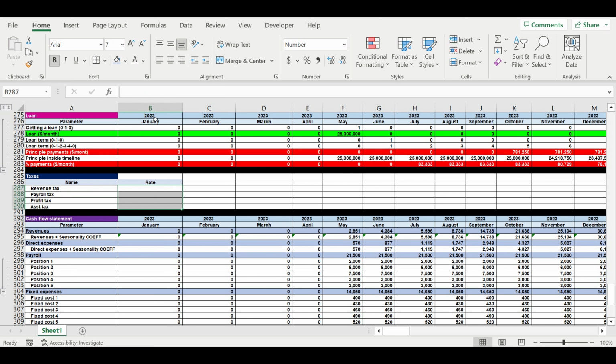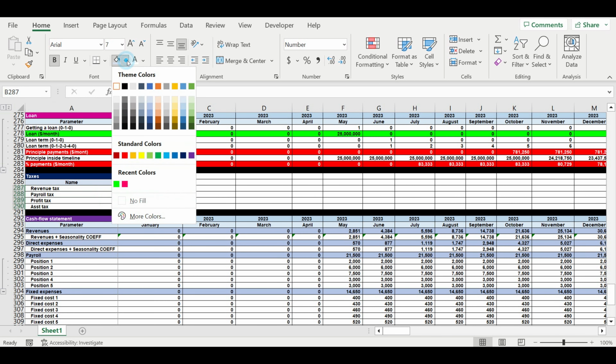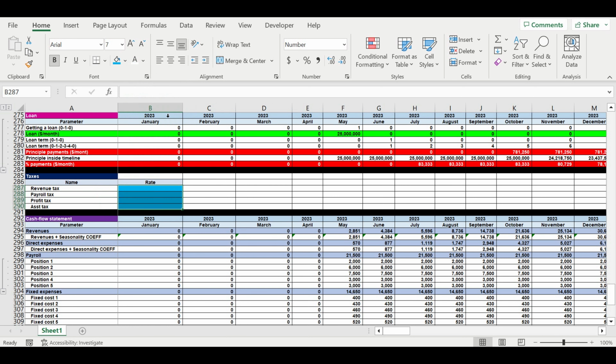These cells will be the input, so I'm coloring these cells blue, because blue is the specific color which goes with all our inputs. So for example, revenue tax will be 3%, payroll tax, just let's give them the correct format. These will be percentages.